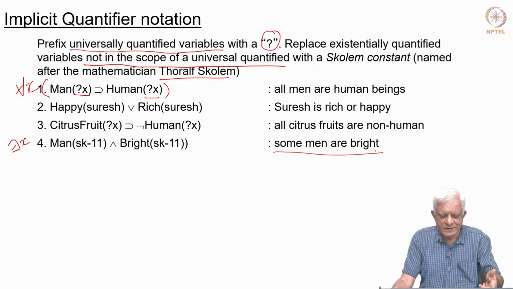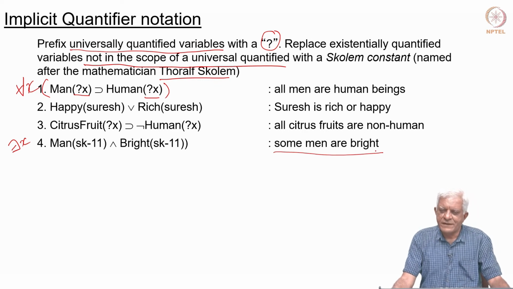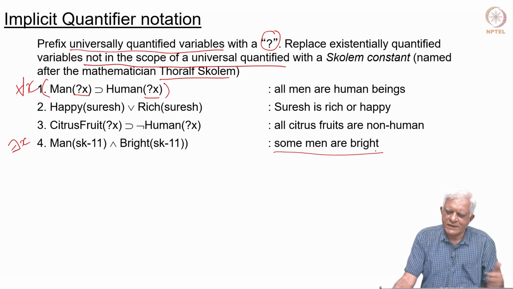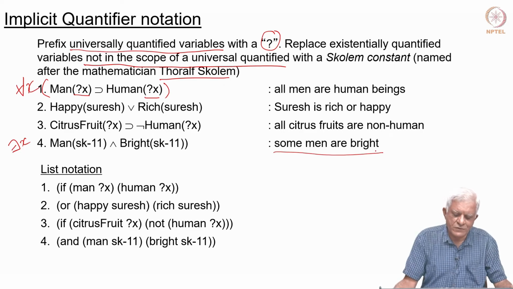But if you try to negate this formula that we have here, man x and bright x, you will see that when you negate it you get the implication automatically. Okay, so this is the implicit quantifier form, and in the list notation that some of you may want to use when you are writing programs, it is the same thing essentially.